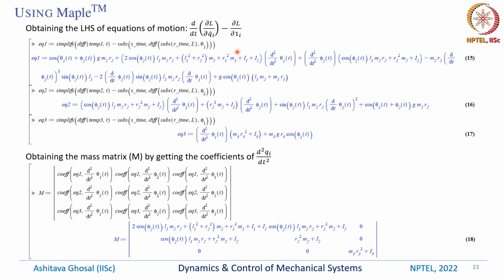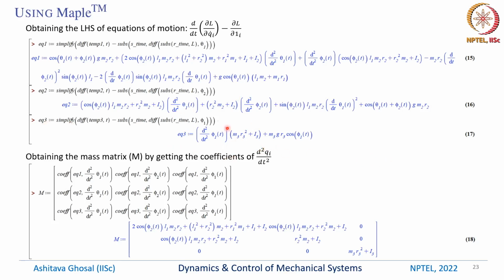So we obtain the time derivative of dL by dqi dot minus dL by dqi, and hence we get three equations: equation 1, equation 2, and equation 3. These are the terms of the left hand side of the equations of motion.